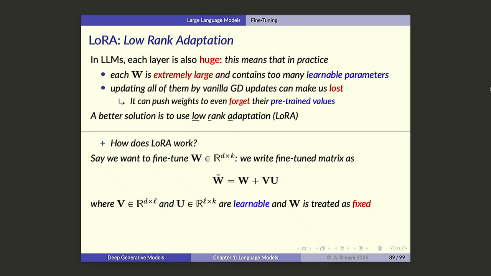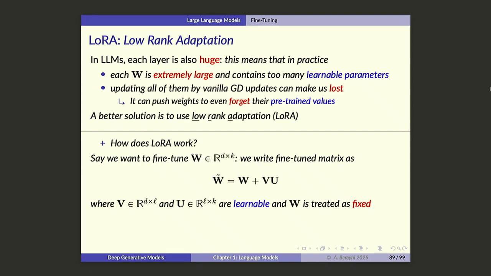Now, what they do here is that they do not touch W. W is the one which you got in the pre-training, so it's fixed here. Now they're going to write the new weights, which are the fine-tuned weights, as the previous one plus V times U. And what are these V and U? V is d times L. L is usually very small, so V is going to look like this.